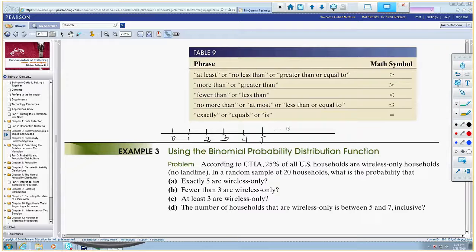Dot, dot, dot. Okay, what did we just find in B? We found 0, what? 1, and what? 2. What is C? 3 or what? More, right?